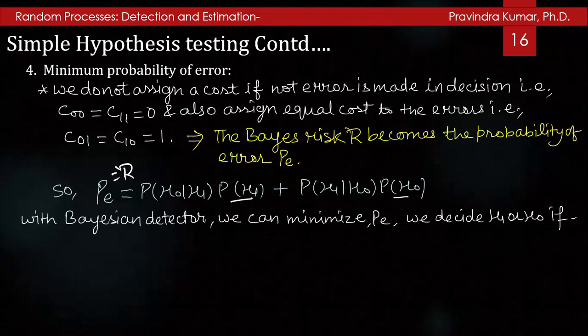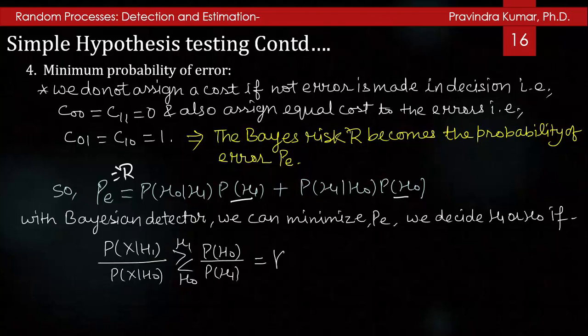So if the Bayesian detector is used, we can minimize the probability of error, and we decide H1 or H0 if the conditional likelihood ratio is greater than or less than P(H0) by P(H1), the prior probabilities of the hypotheses, and it is equal to the threshold value gamma, because here C10 and C01 are 1 and C00 and C11 are 0.